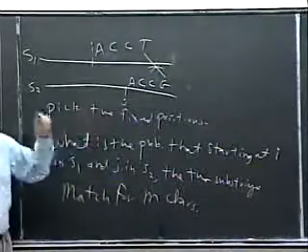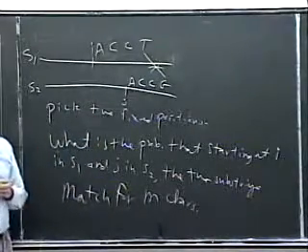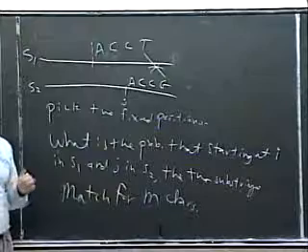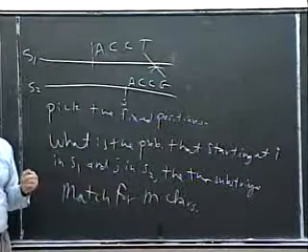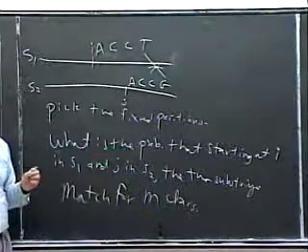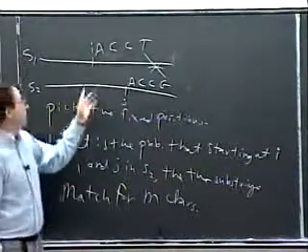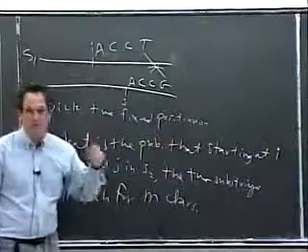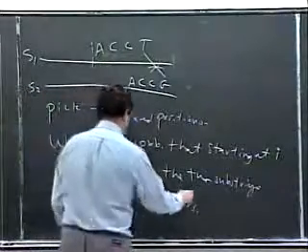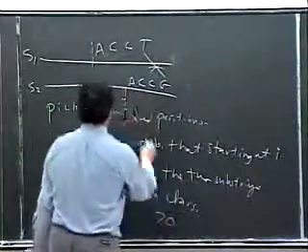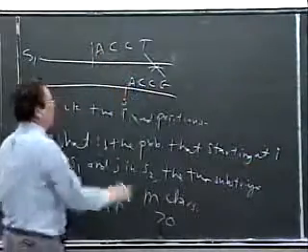I'm not asking whether they match beyond m. What's the answer to that? Well, if they're going to match for m, they have to match for the first one, assuming m is bigger than 0. The first one has to match. What's the probability of that?